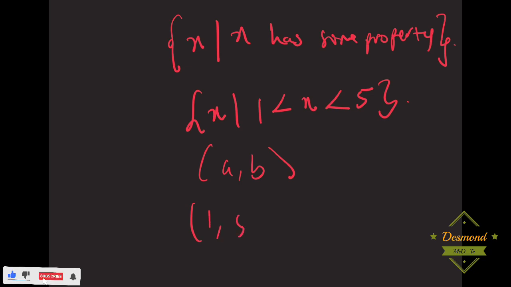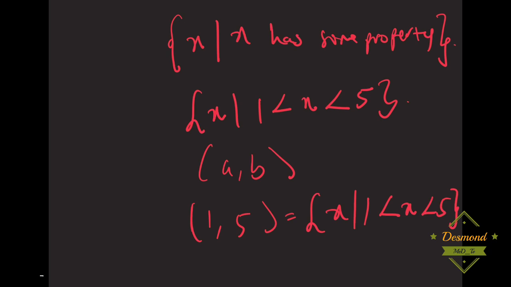So the interval (1, 5) is equal to the set of x such that 1 is less than x less than 5. The numbers 1 and 5 are called the endpoints of this set.